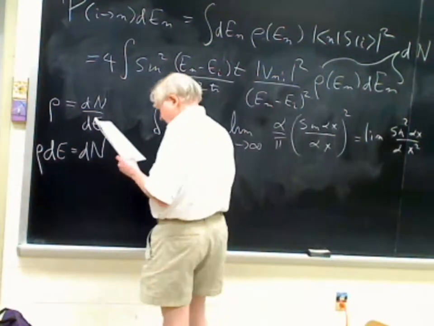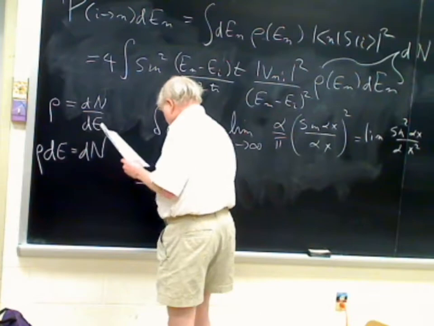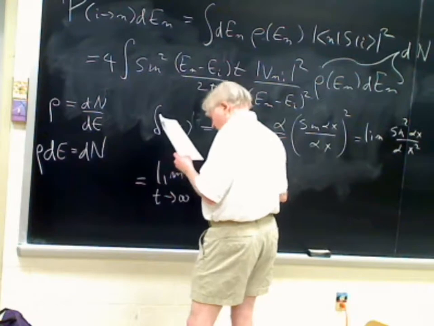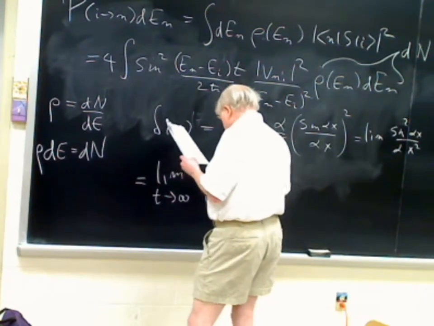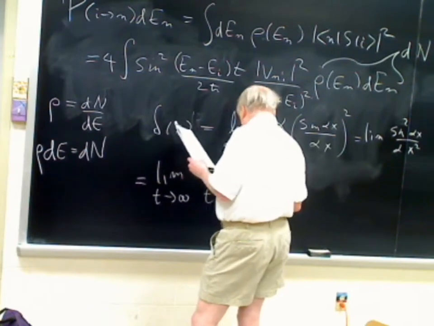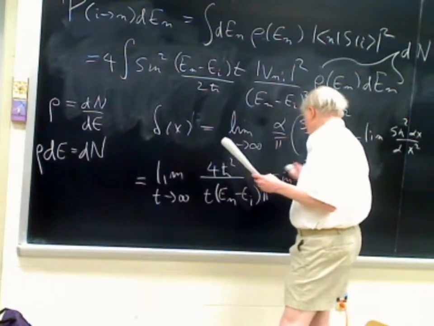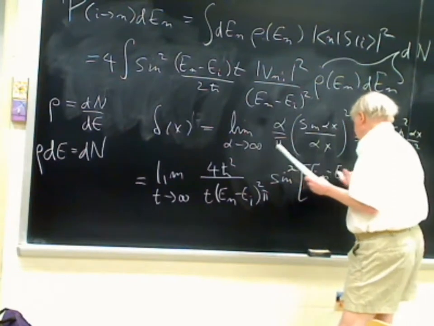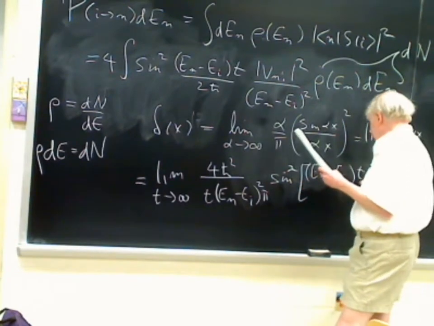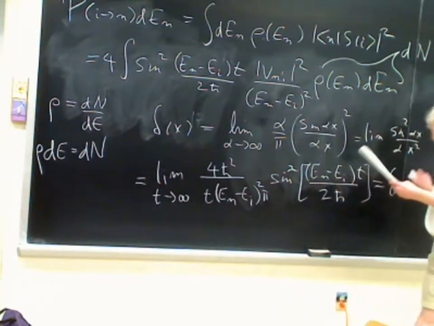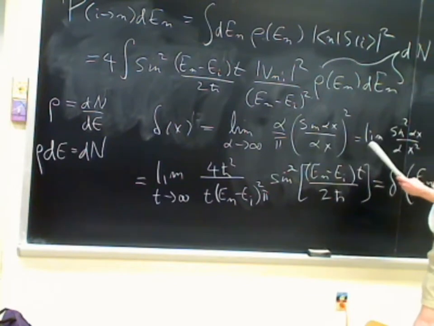In this particular case, it's the limit as t goes to infinity of 4 h bar squared over t (En minus Ei) squared pi, times sine squared of (En minus Ei) t over 2 h bar. And that is then delta of (En minus Ei) over 2 h bar.